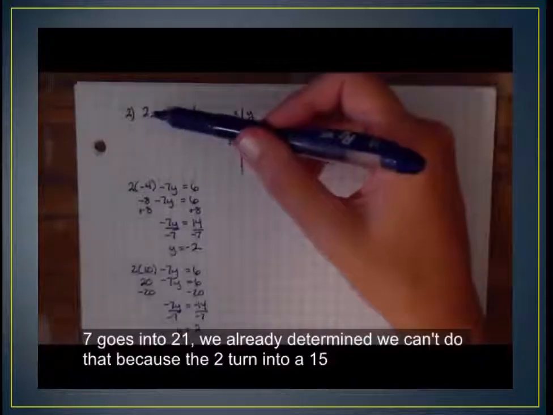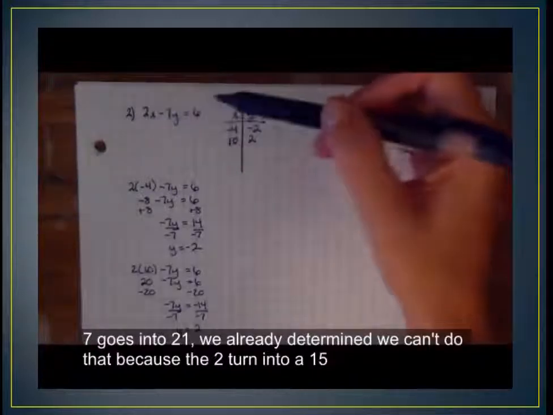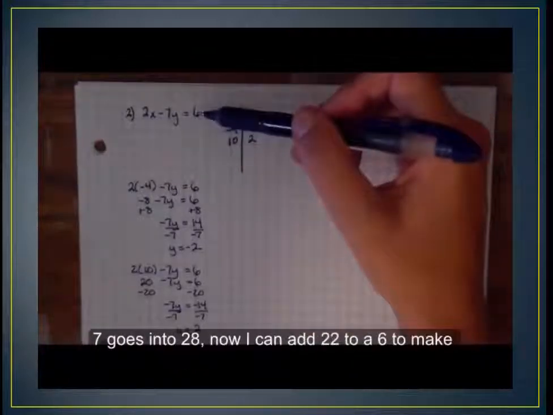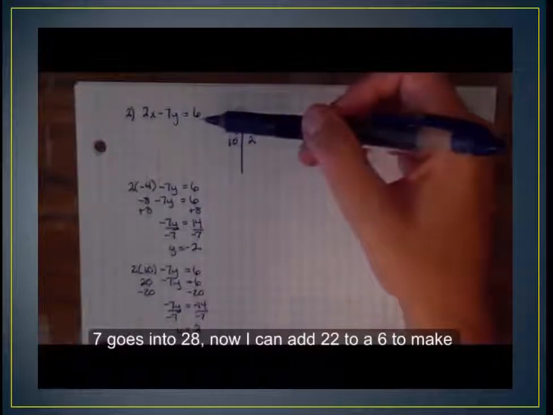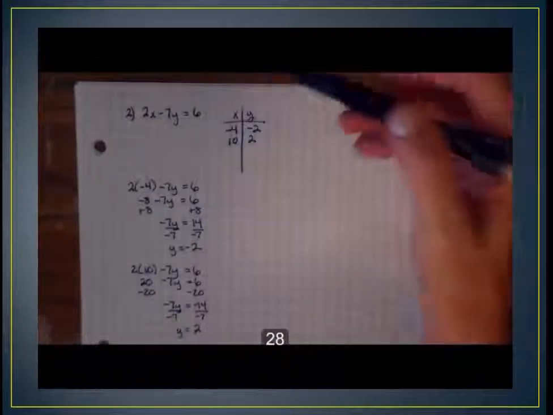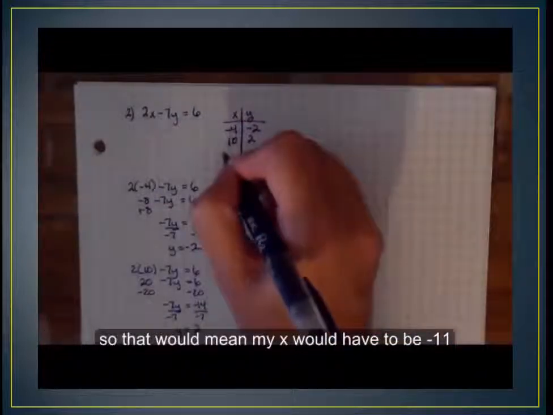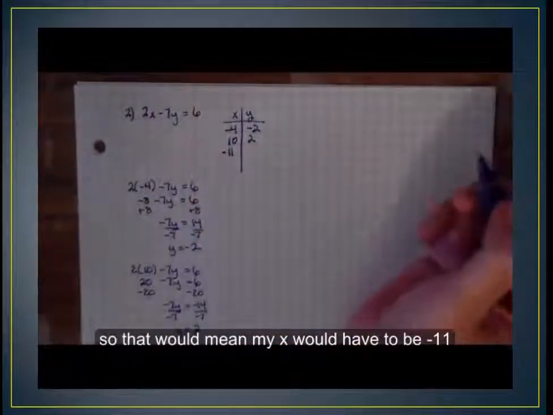We already determined we can't do that because the 2 won't turn into a 15. 7 goes into 28. Now I can add 22 to a 6 to make 28. So that would mean that my x would have to be negative 11.